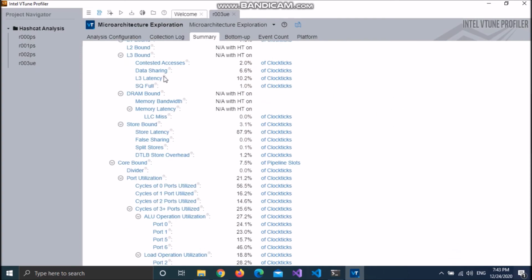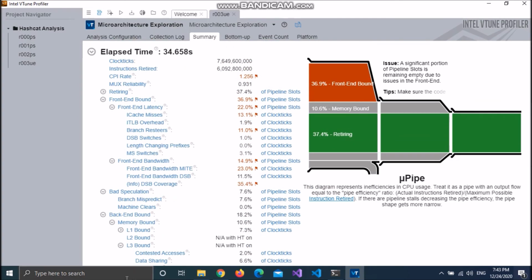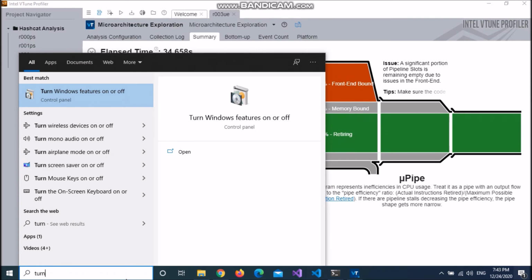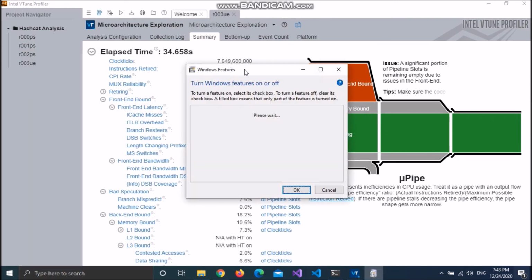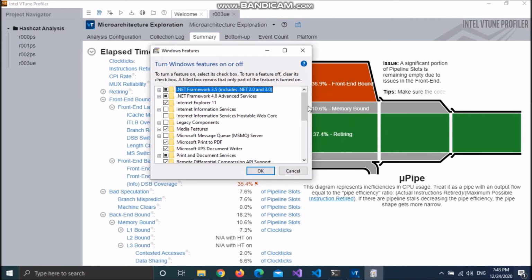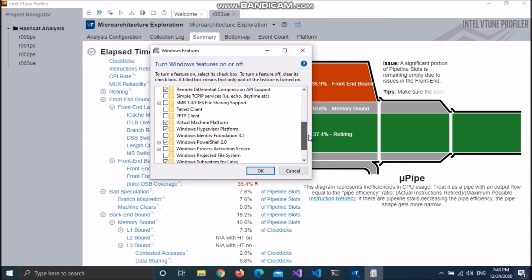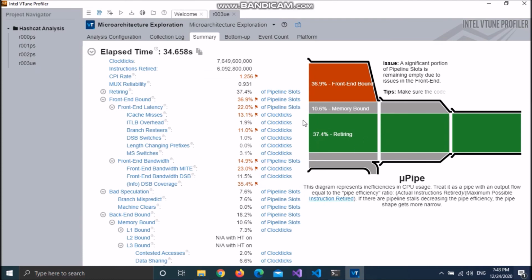So if anyone does have that error, all you have to do is go to this Windows features menu and disable the virtual machine platform and Windows hypervisor platform, because that limits some applications' capability to communicate with the hardware.